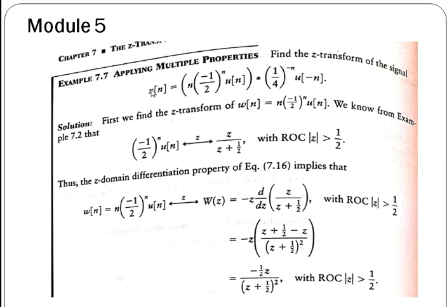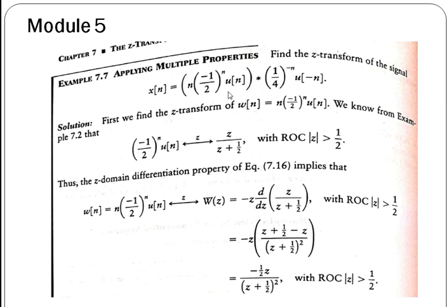Let's see the problem: x of n is equal to n into (minus half) raised to n u of n, convolved with (1 by 4) raised to minus n u of minus n. Now this problem we have to solve by means of properties.